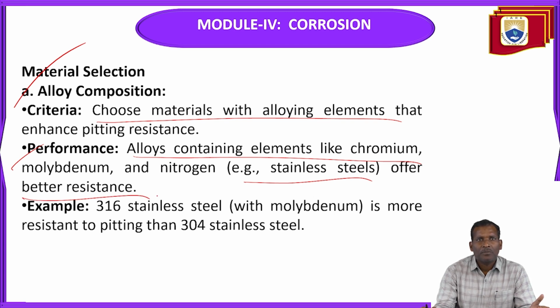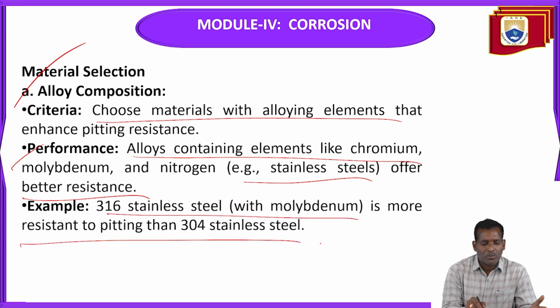For example, 316 stainless steel with molybdenum is more resistant to pitting than 304 stainless steel. So material selection is very important to avoid this type of corrosion.